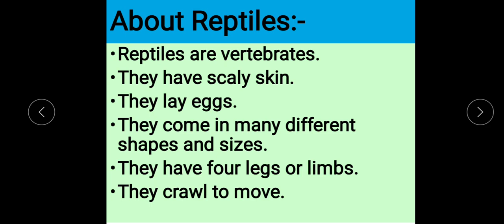Okay, next point, they have scaly skin. Scaly skin means they have some small, hard and dry areas on their skin. If you observe the skin of a snake, you will see that there are so many very small, hard and dry areas.